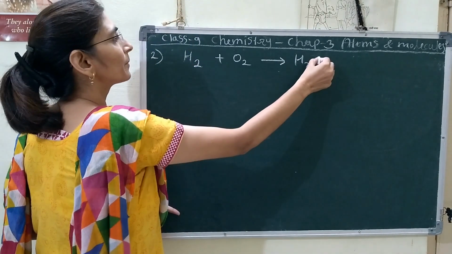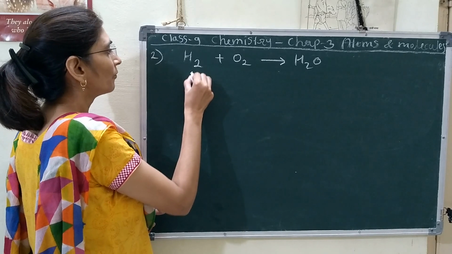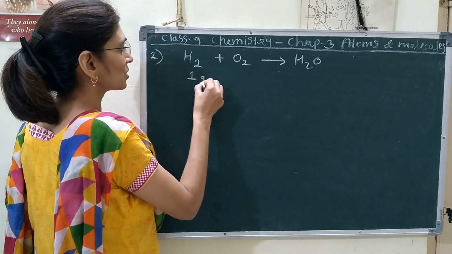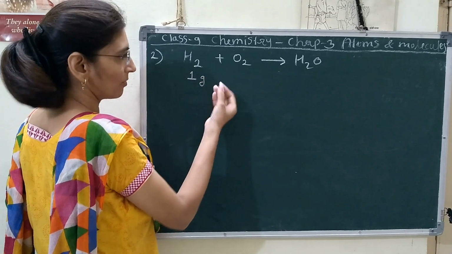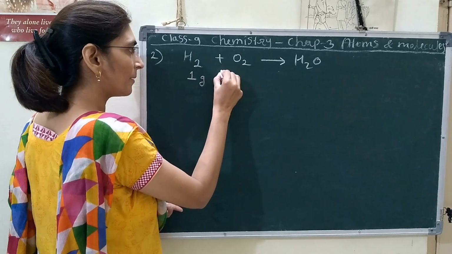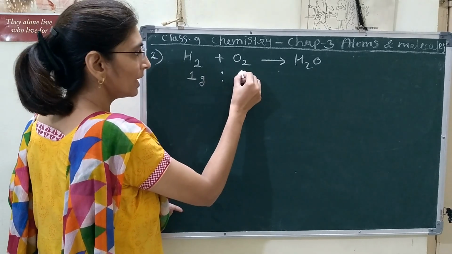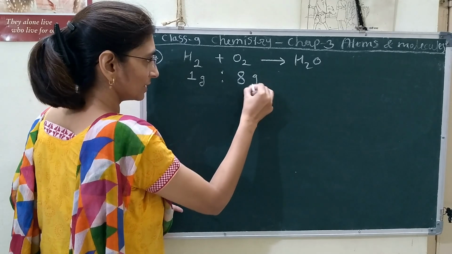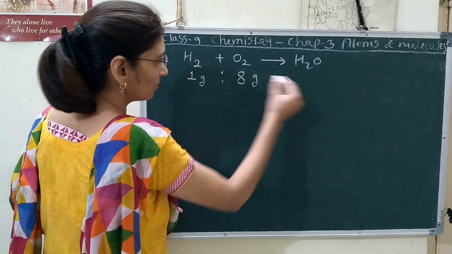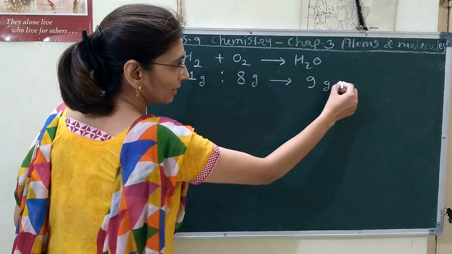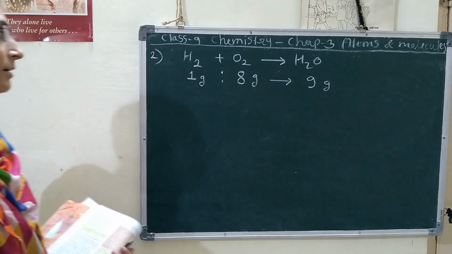So the proportion is given also, in the form of mass. If 1 gram of hydrogen is combined with 8 gram of oxygen, then how much water? 9 gram of water we will get here.